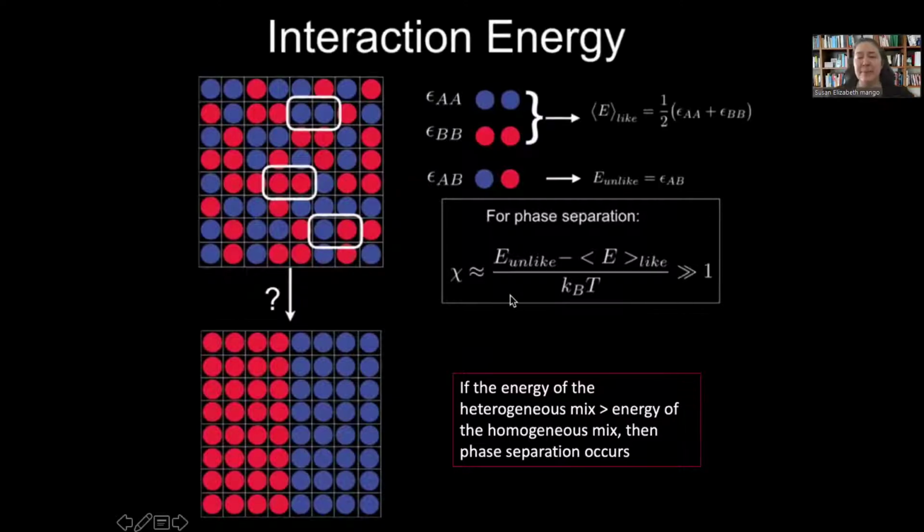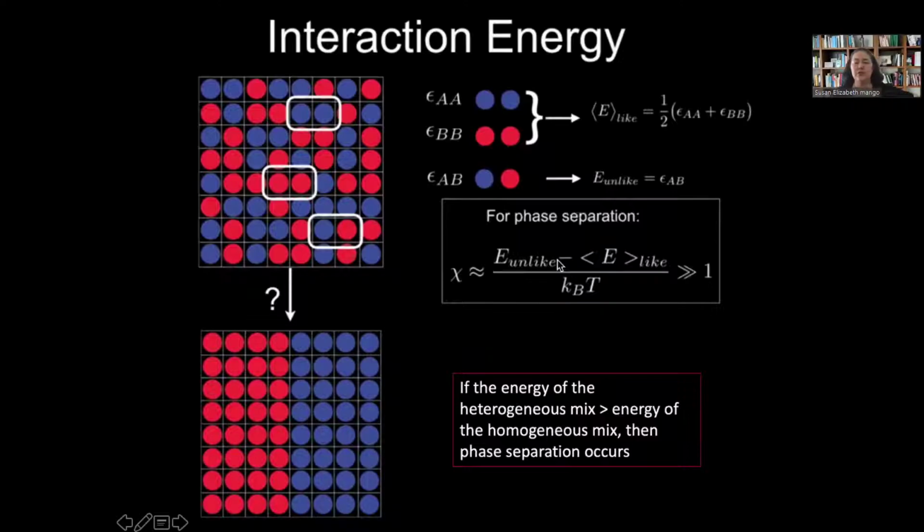So for phase separation, we need that the energy of the heterogeneous mixture is very high, higher than the energy of the homogeneous mixture. So even though this is a better entropic state, it's still more favorable to go to the lower energy state of this separation.